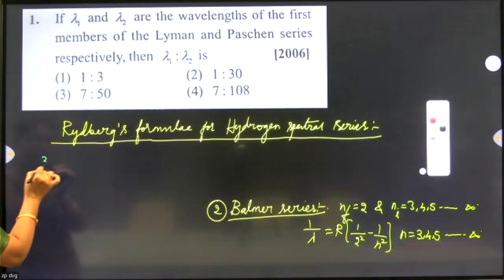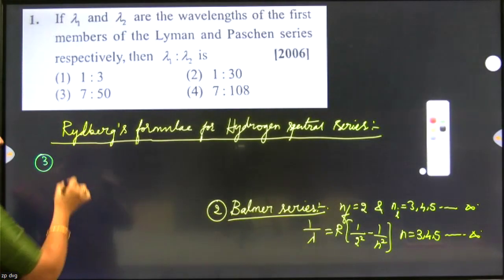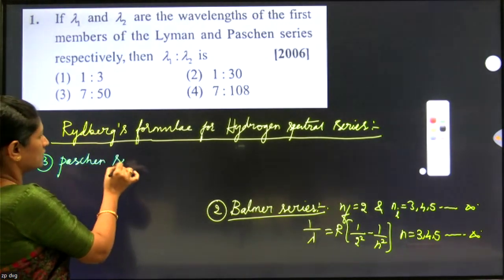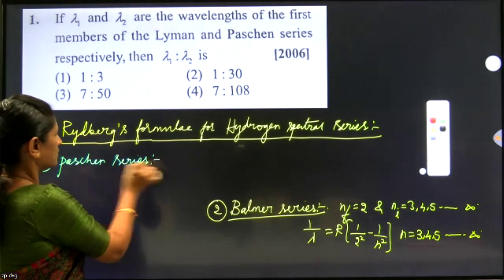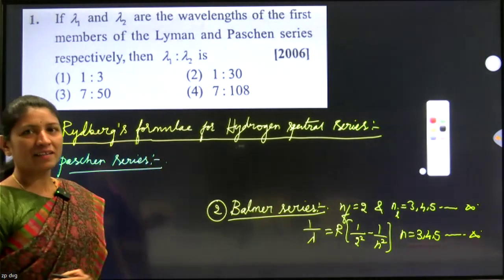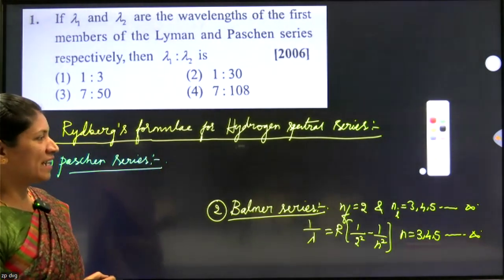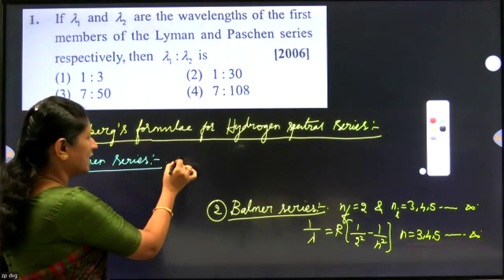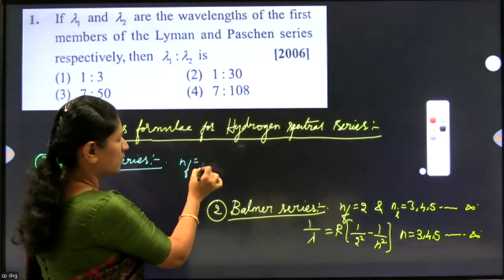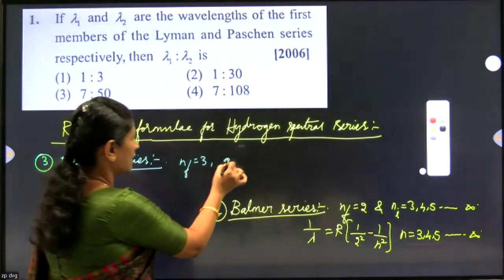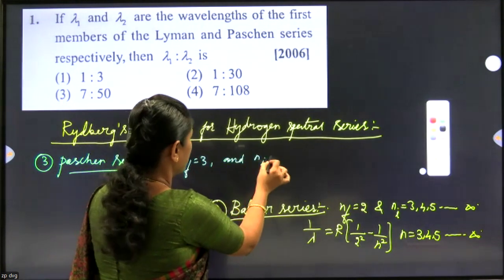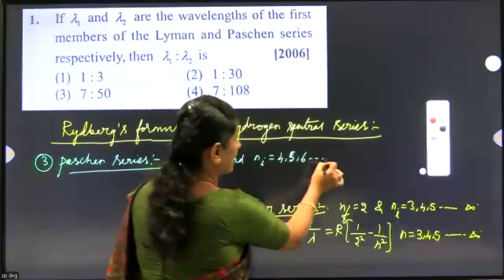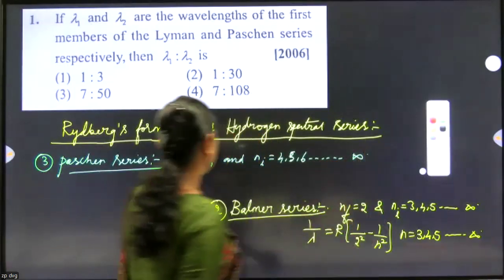Next, the third one, Paschen series. Paschen series is due to the transition of an electron from any higher state to the third orbit. Here nf is equal to 3 and ni is equal to 4, 5, 6, etc. up to infinity.